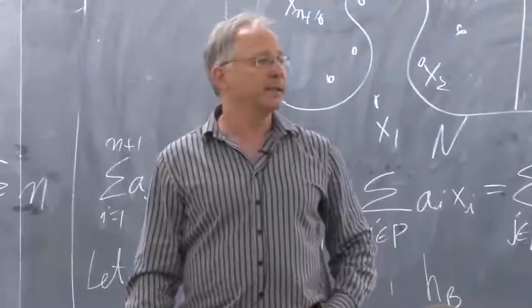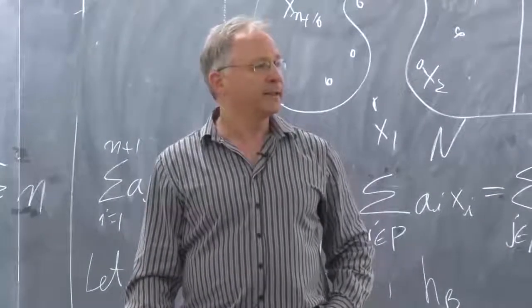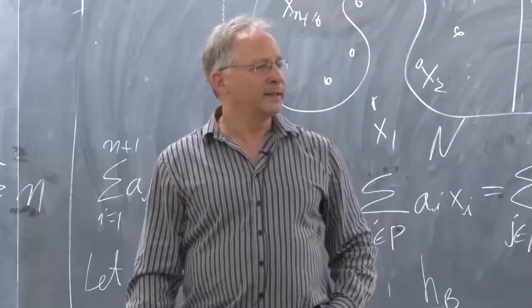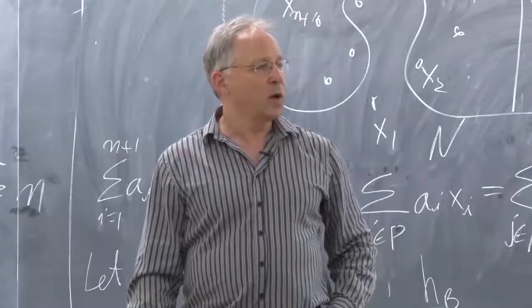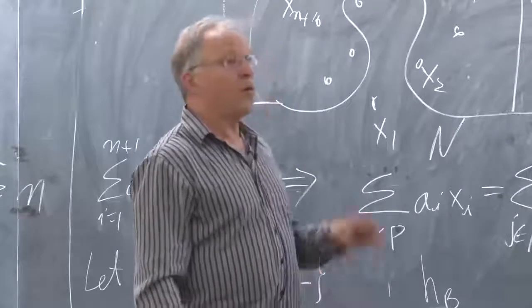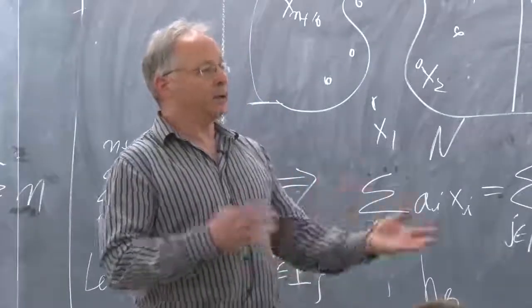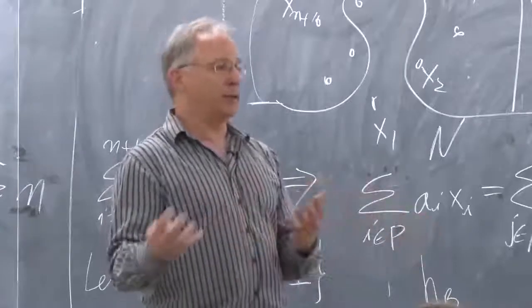Yes? Why can we assume that HB applied to xi will give us all positive numbers or all negative numbers, if we chose P and N based on whether A subscript i would be positive? So first we chose P and N according to whether ai was positive or negative.